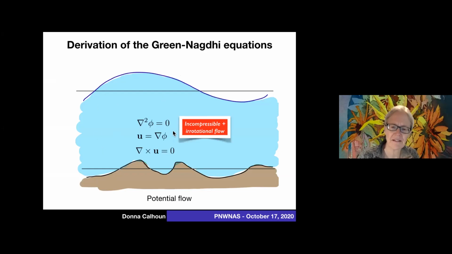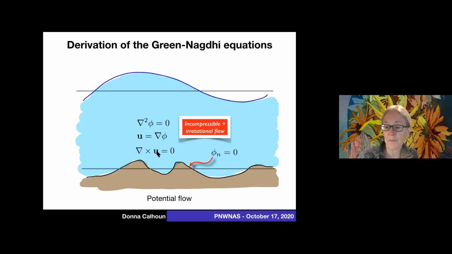In this particular picture, it's 2D. We would solve a 2D Laplacian, and of course, in the fully 3D regime, we would have to solve a 3D Laplacian, where the velocity is the gradient of this potential, and this velocity field is curl-free because, again, it's the gradient of something.